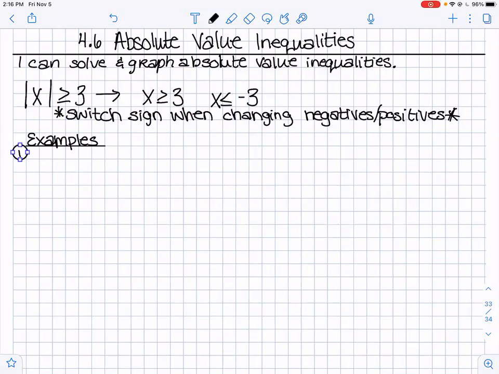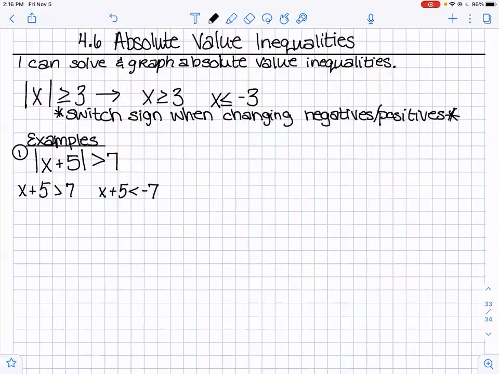All right, so the absolute value of x plus 5 is greater than 7. So when I write this, what are my 2 problems? x plus 5 is greater than 7, or x plus 5 is less than -7.